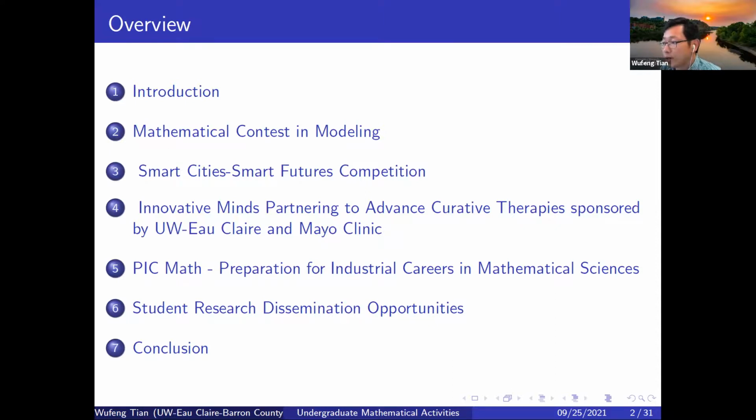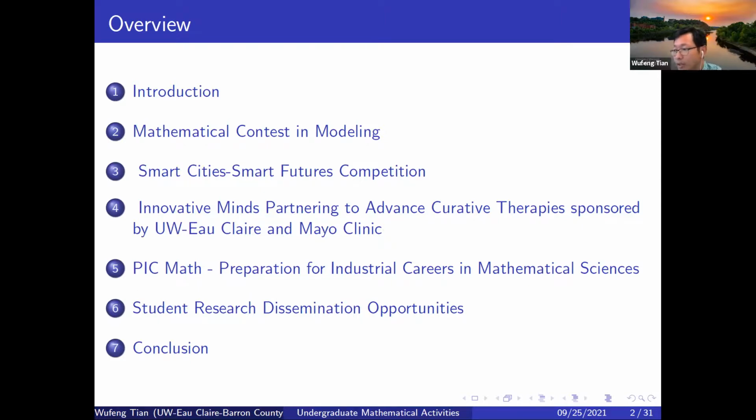Number 4 is the IMPACT, which is sponsored by UW-Eau Claire and the Mayo Clinic. Every year, all students in the northern region, not just the Midwest, not just Wisconsin, every university, all students and faculty are welcome to join. Number 5, I think, is PIC Math.